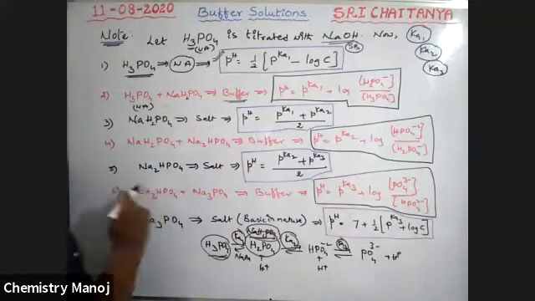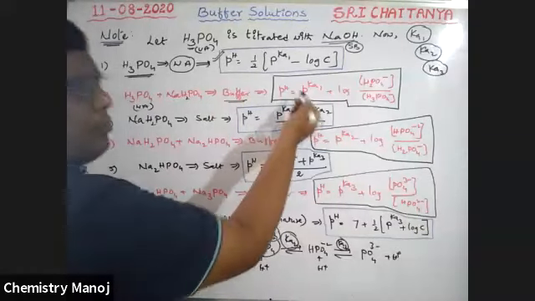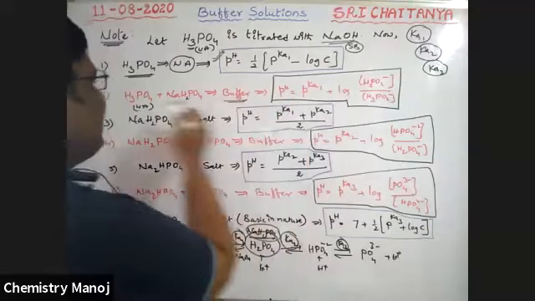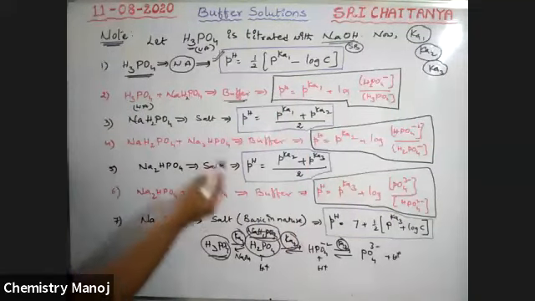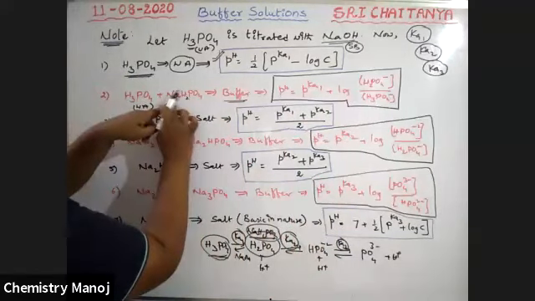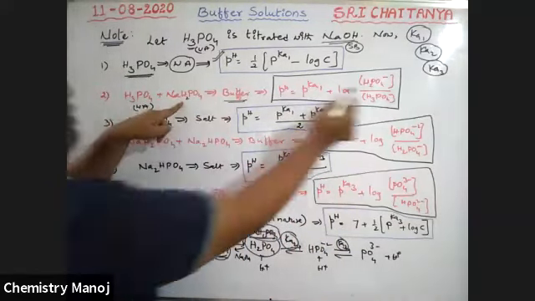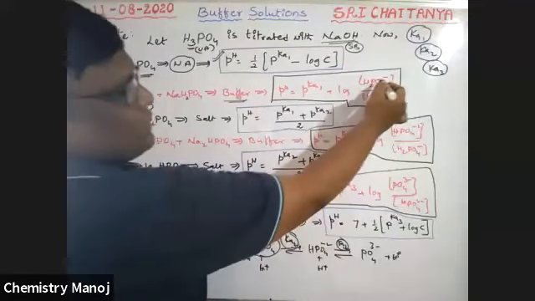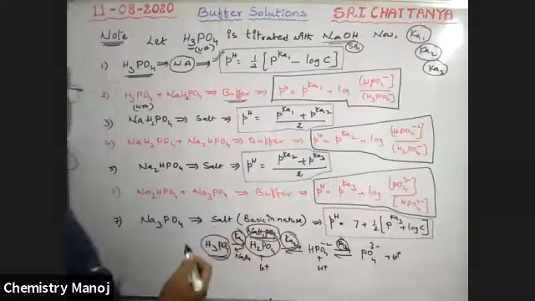So this is the acidic buffer formula. pH is equal to pKa1, because only first dissociation takes place, plus log of salt concentration, that is H2PO4 minus, the conjugate base, by the H3PO4 acid concentration.